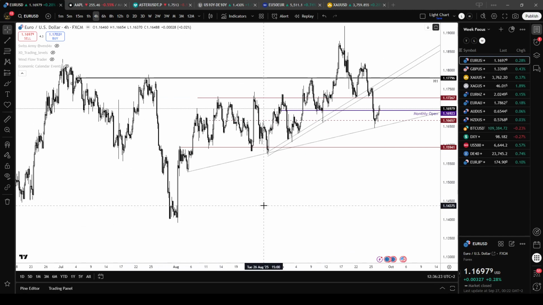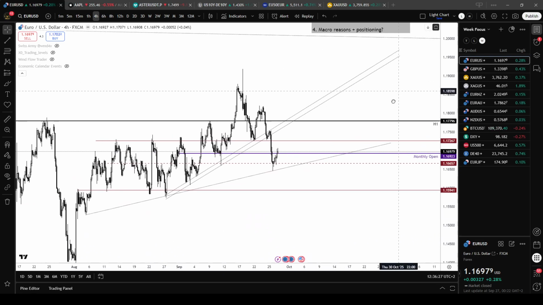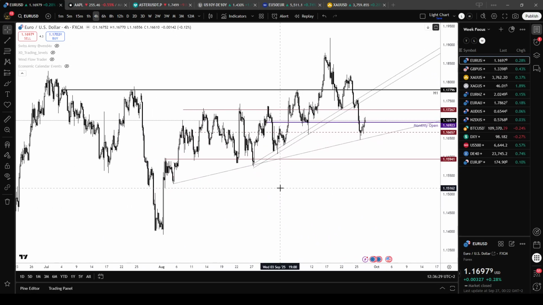So, taking that into account, we have a nice list to be bearish, and the arguments for being bullish, in my opinion, are simply not there.